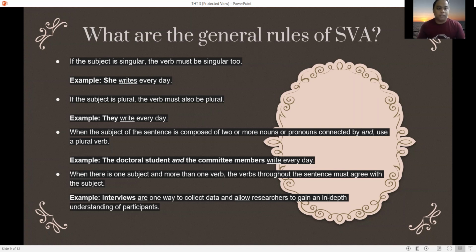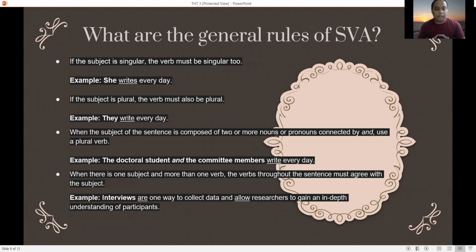So the example is, they write every day. When the subject of the sentence is composed of two or more nouns or pronouns connected by and, use a plural verb. The example is, the doctoral student and the committee members write every day.